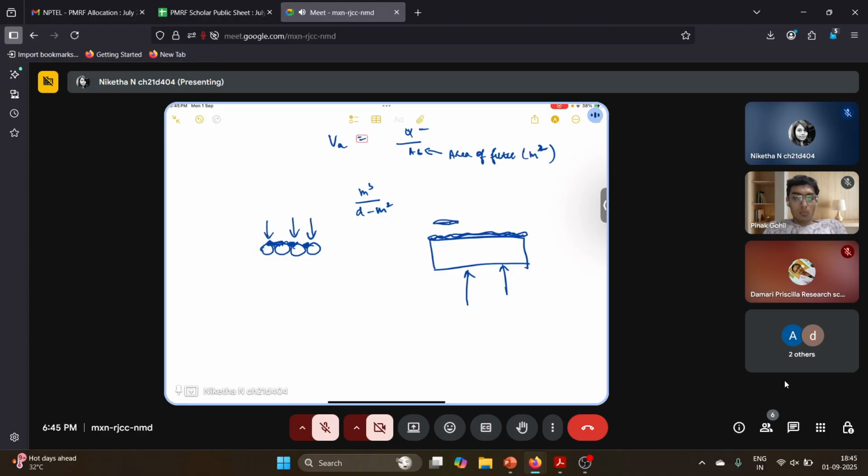Whatever sediments were there will break and come to the top, and then they will be removed. Backwash should be done every 10 to 15 days.